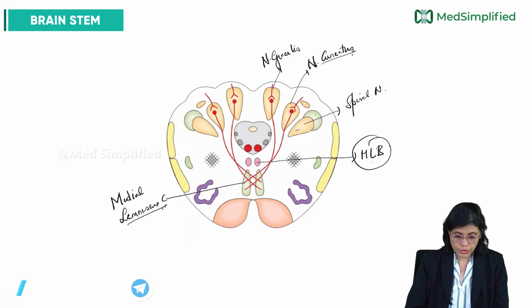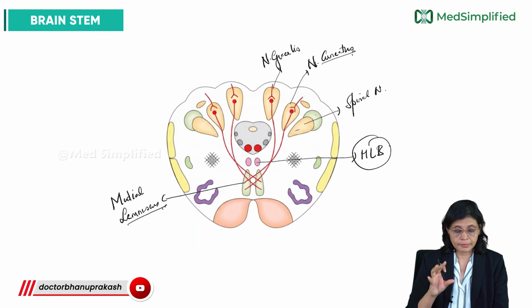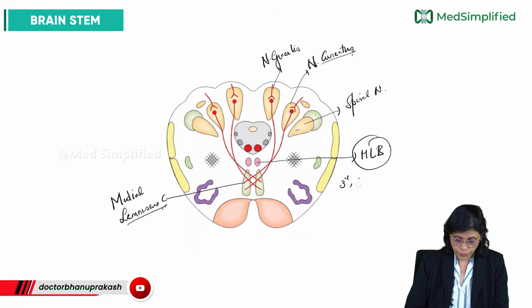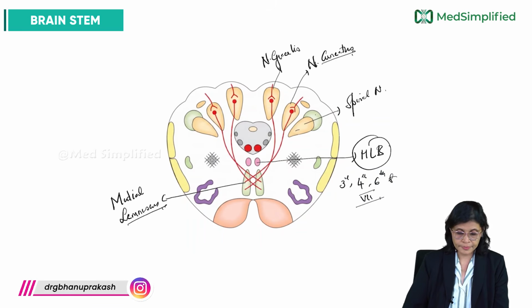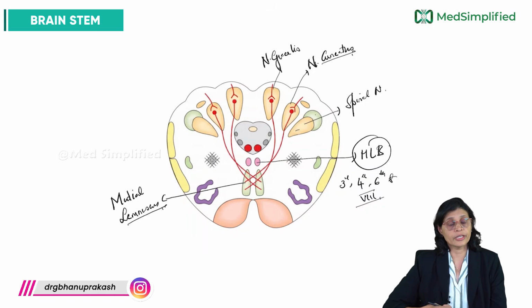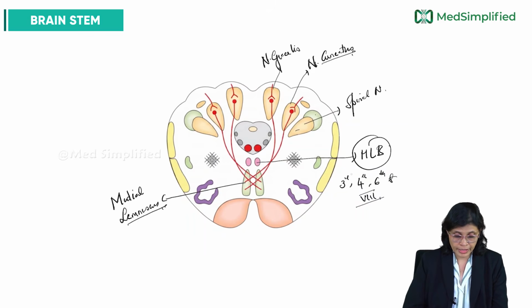It lies posterior to the medial lemniscus, and it is a compact tract of nerve fibers which interconnects the third, the fourth, the sixth and the eighth cranial nerves: the oculomotor, the trochlear, the abducent, and the vestibulocochlear nerve, and the spinal nucleus of the 11th cranial nerve.